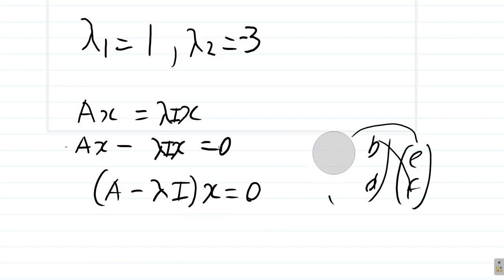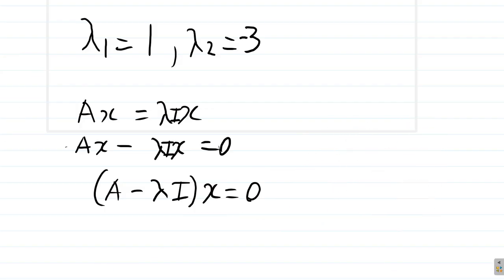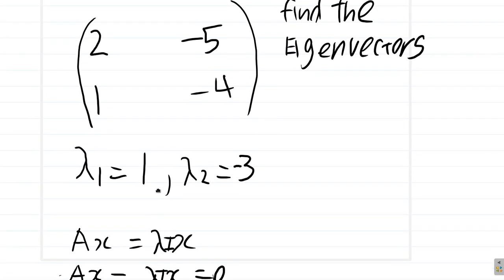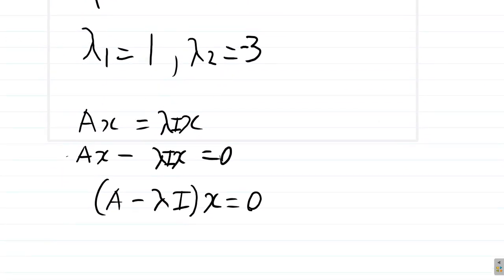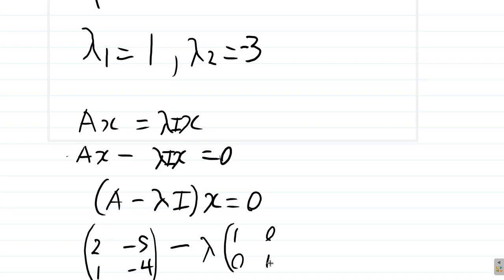Now, here, A is the matrix 2, negative 5, 1, negative 4. There is 2, negative 5, 1, negative 4 minus lambda I, which is 1, 0, 0, 1, and all of this times x is equal to 0.